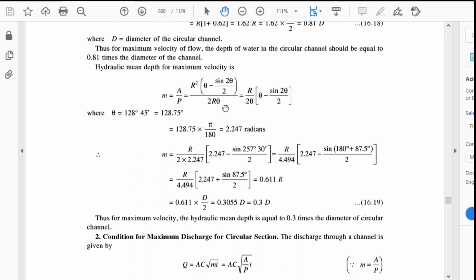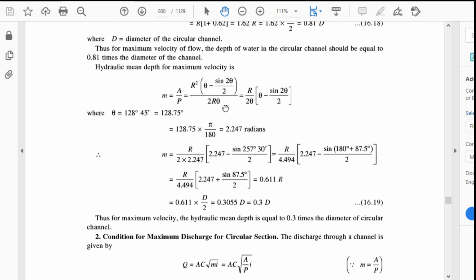But as I have already explained, when theta is alone, that means when theta is not along with the geometrical expressions, only then should that theta value be taken in radians. And when it is along with the geometrical expressions, then we have to take that theta value in degrees.